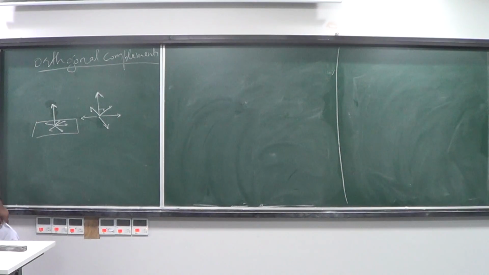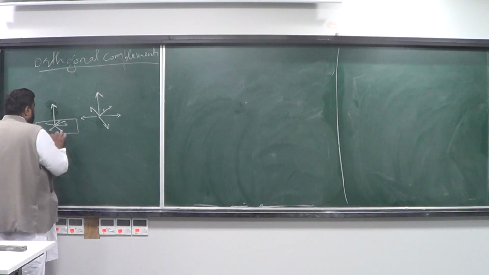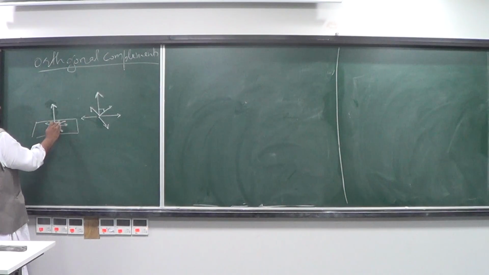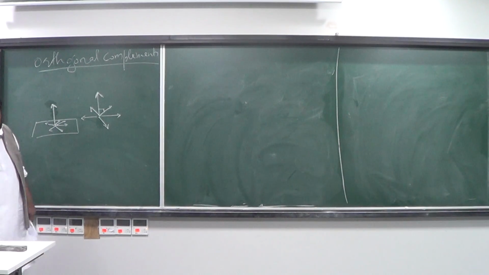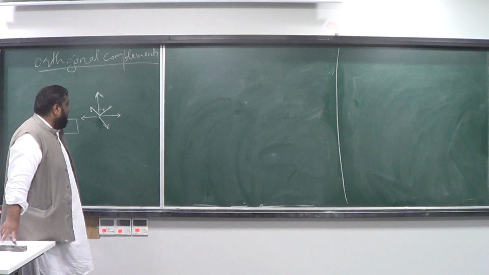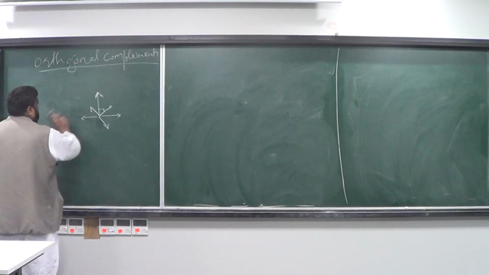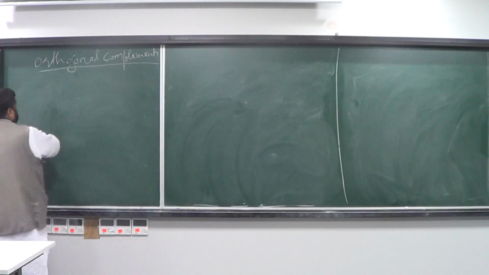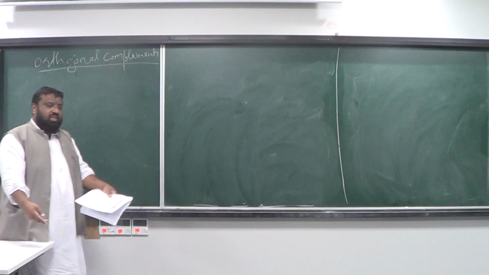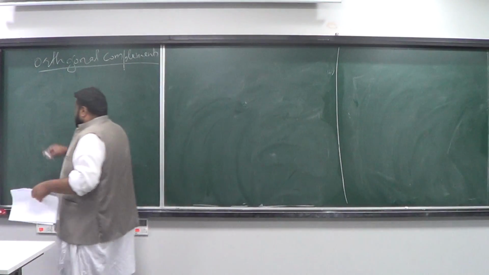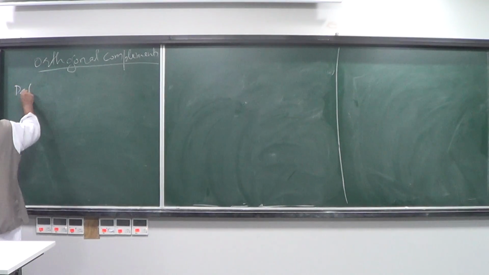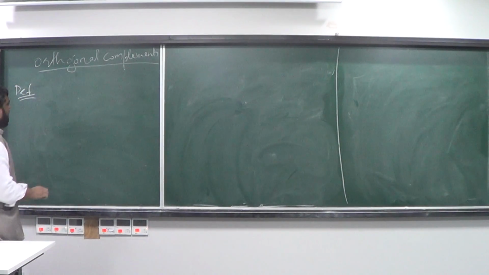And this orthogonal plane is really the orthogonal complement of this given vector. So what do you mean by orthogonal complement? The orthogonal complement of a given vector is really the collection of all those vectors which are orthogonal to it. Let me put it in the form of a definition.